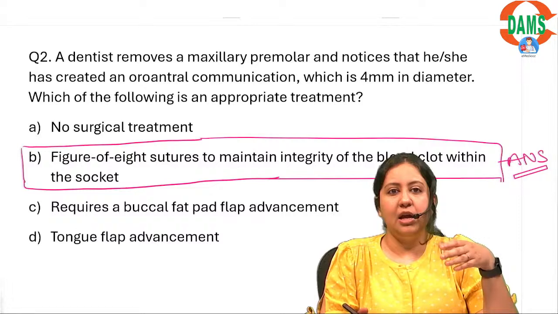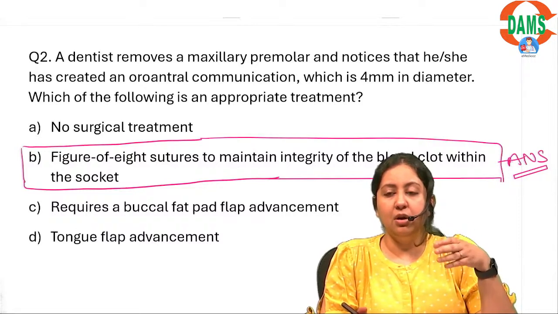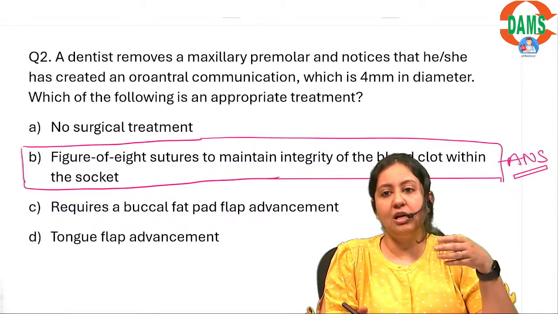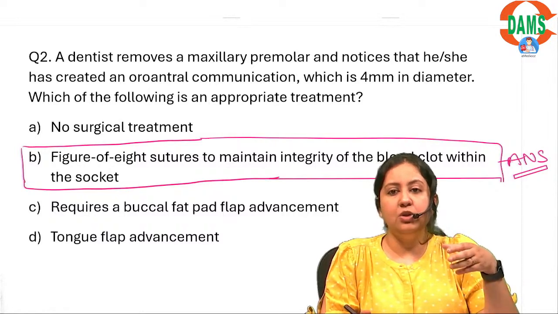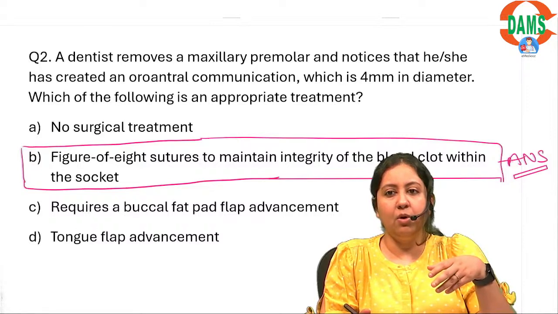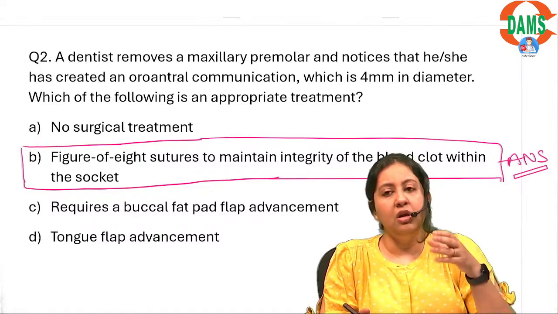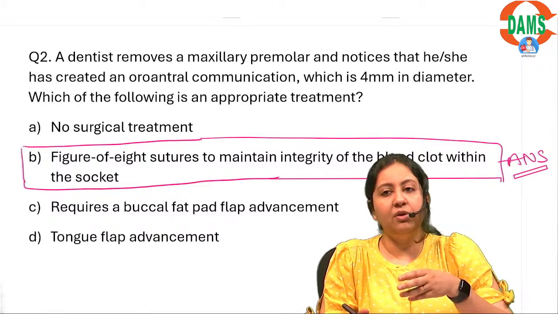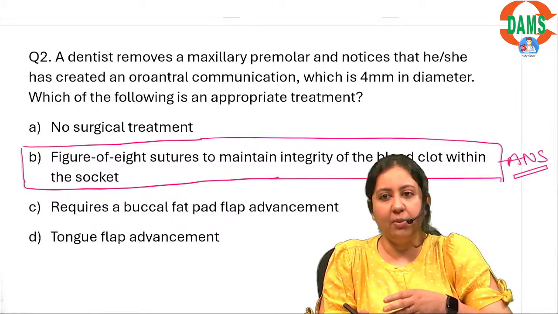And whenever there are values other than 5, then you'll answer as per the newer concept, in which we divide the dimension into less than or equal to 2 mm of communication, 3 to 6 mm of communication, and more than 7 mm of communication.